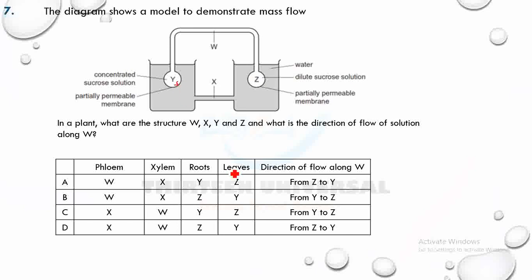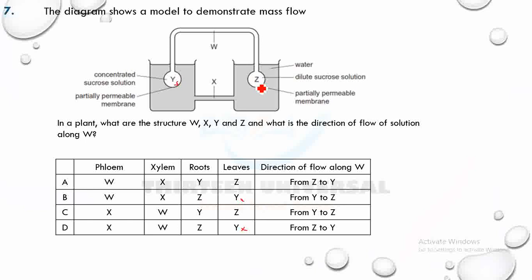So where is the leaf here? Which one should be Y? So our answer is either B or D. We have eliminated A and C because the leaf is a source. Now this is where it is being taken to. So this is going to be the root, which is the sink. Z is a sink, guys.